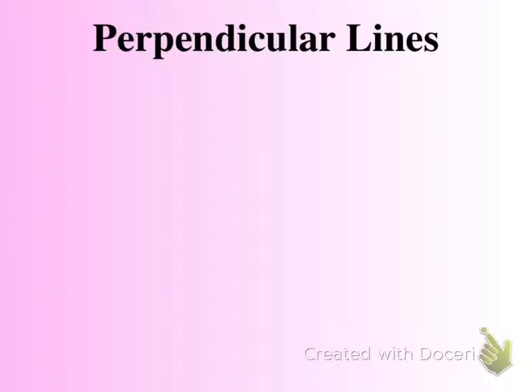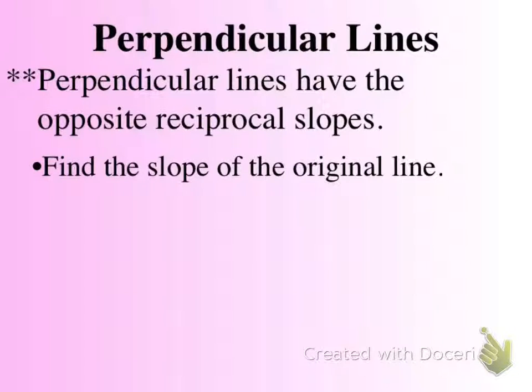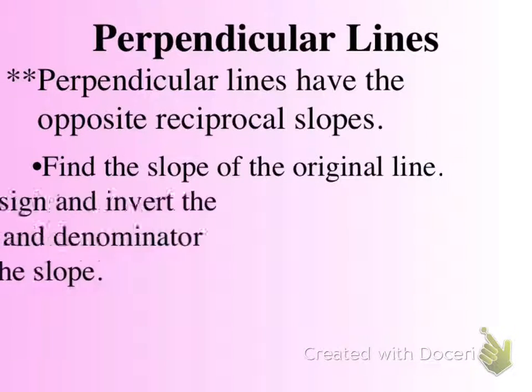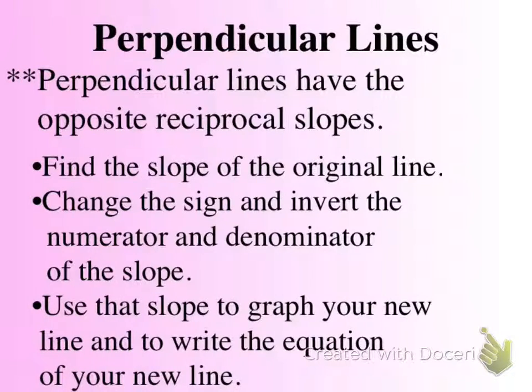Okay? Remember what we learned about perpendicular lines. They have opposite reciprocal slopes. So you find the slope of the original line, and then you change the sign, invert the numerator and denominator of the slope, and then you can also write the equation.